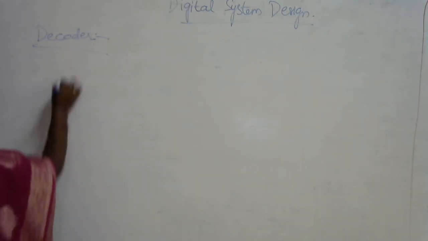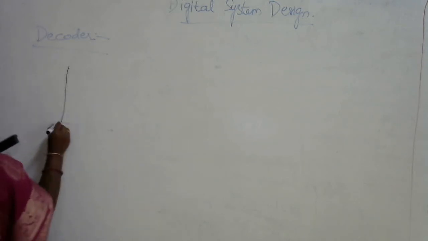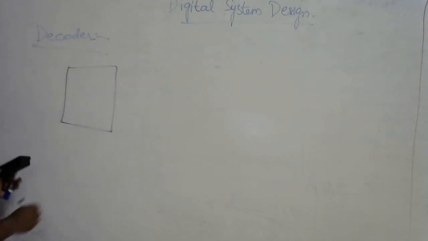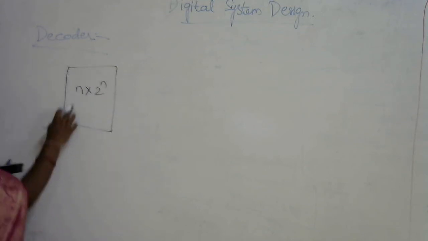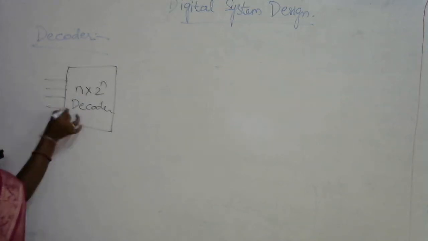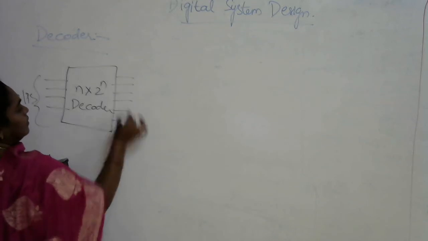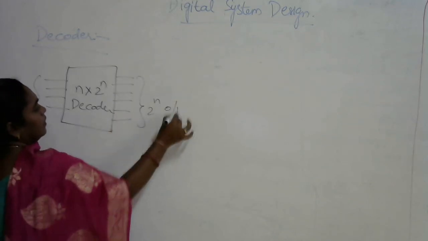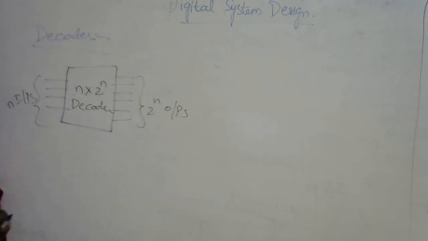In general, a decoder has 2 power n outputs, that is, the general size of a decoder is n by 2 power n. So it consists of n inputs followed by 2 power n outputs. These inputs and outputs are both in coded format, but the input code is different from the output code.